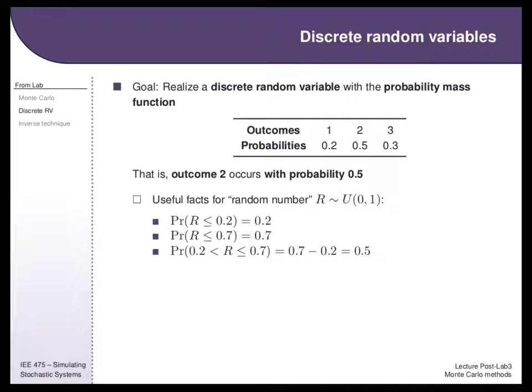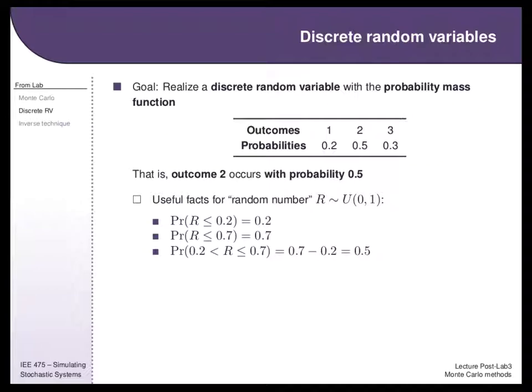Well, 20%. How often is it less than 0.7? 70%. If I subtract those two and ask how often it is between 0.2 and 0.7? 50%.